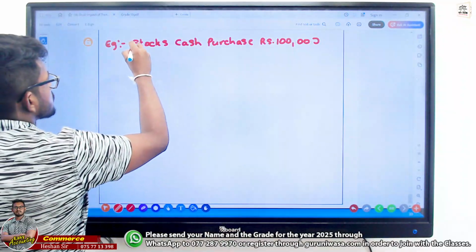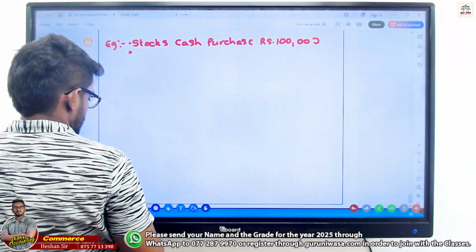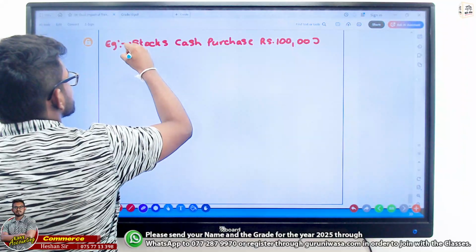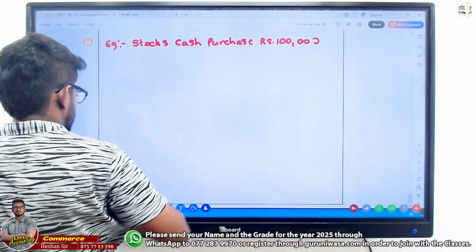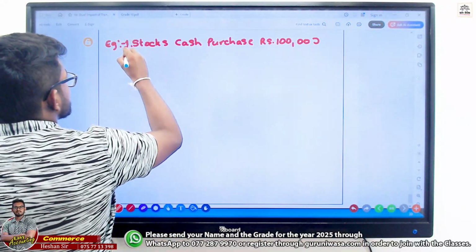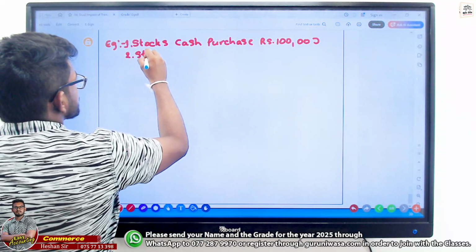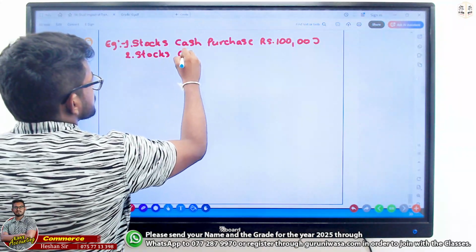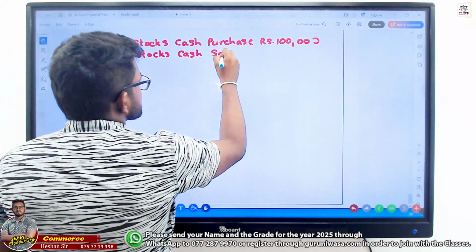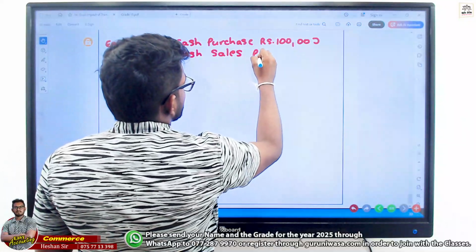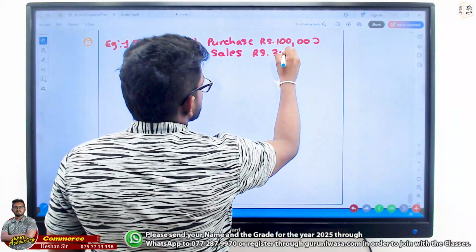Number 2: stocks cash sales, rupees 300,000.